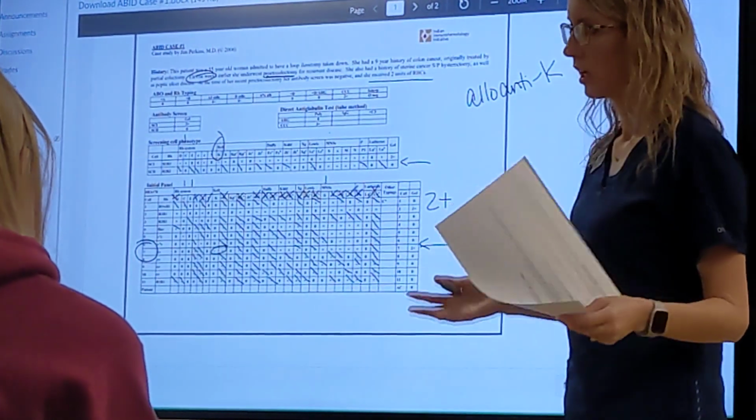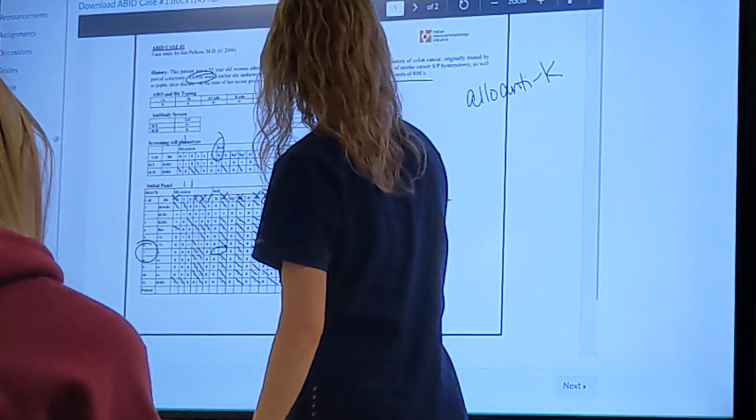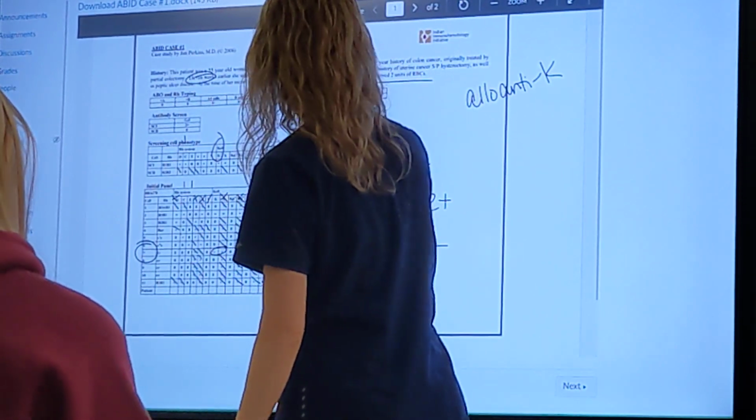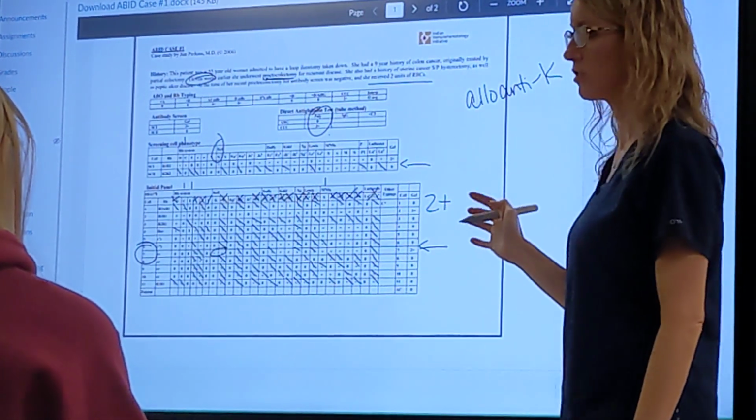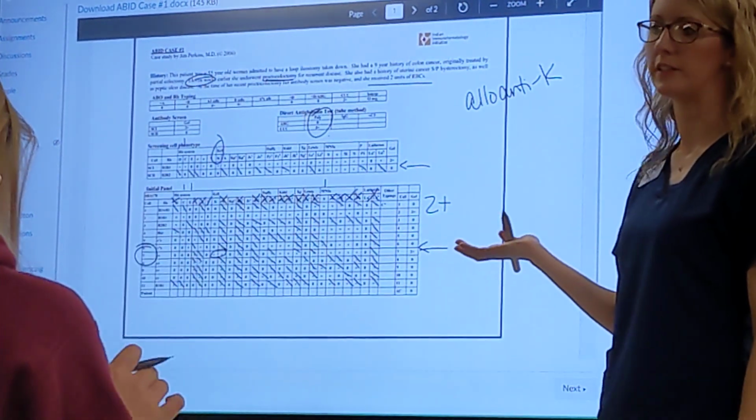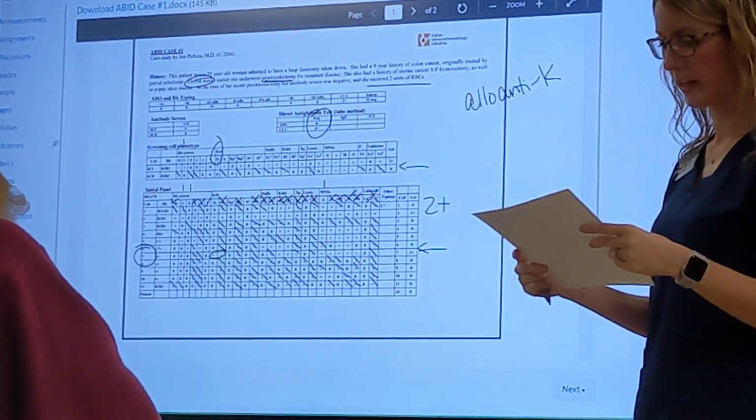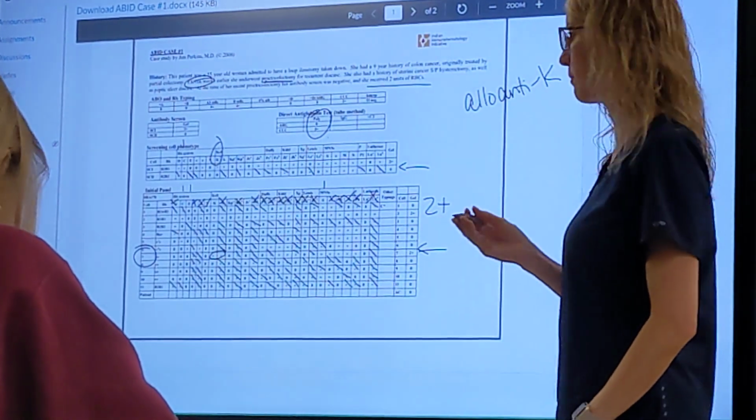Since the DAT is negative, there's a good chance that she doesn't have any transfused cells left. You could probably phenotype her. So how you prove it is you phenotype the patient.